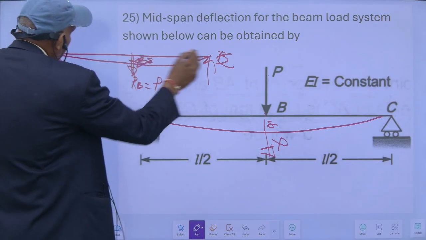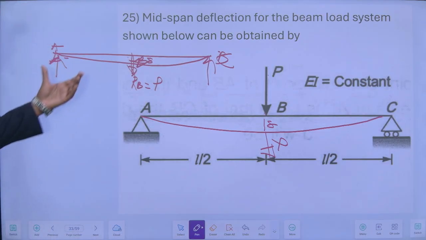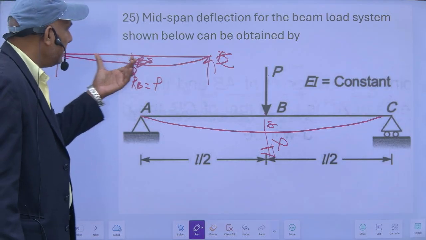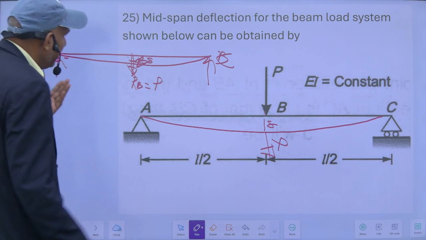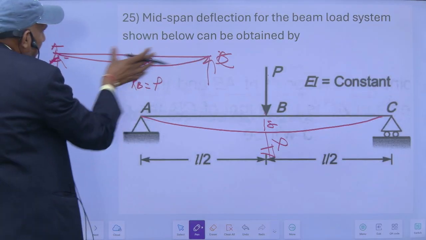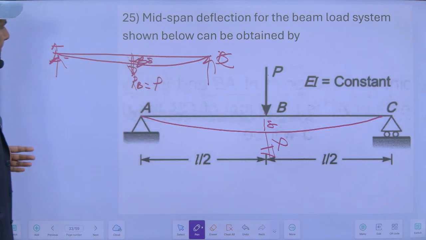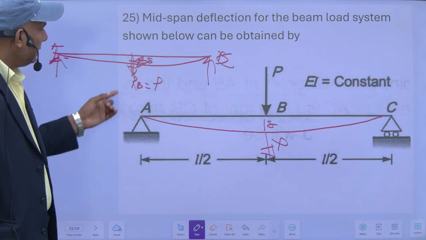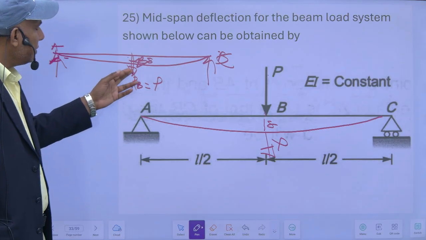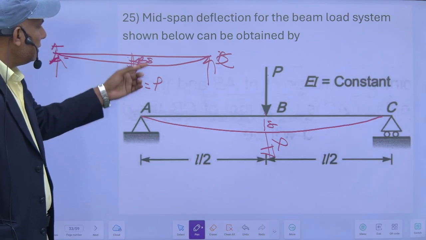So I can consider both this span, this AB and BC, and I can apply the 3 moment equation treating these as 2 different spans and taking this delta. So we can say at this support there is a settlement of delta.